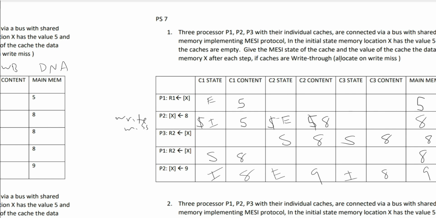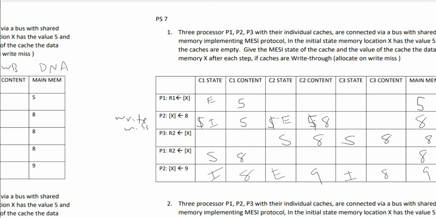So now it says, okay, allocate on write miss. So bring the thing to the cache. To bring it, you have to read. So that's just reading, and that means that the other caches will snoop when you try to do the allocation. If you remember, this had valid data in its cache. So when it snoops, it'll give it to it. So that's why it becomes shared and shared.